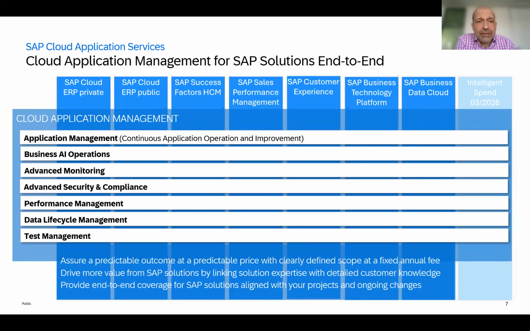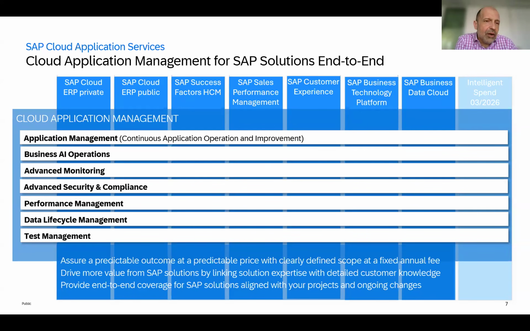Very important is also that we offer the security and compliance topics. On one side, you can ask us to keep the system updated on the security patch side, but we also try to find, if necessary, the gaps, where enterprise threat detection could be a topic here.